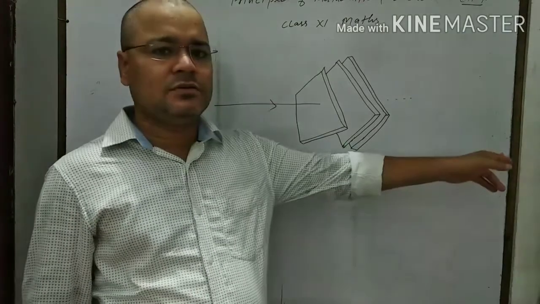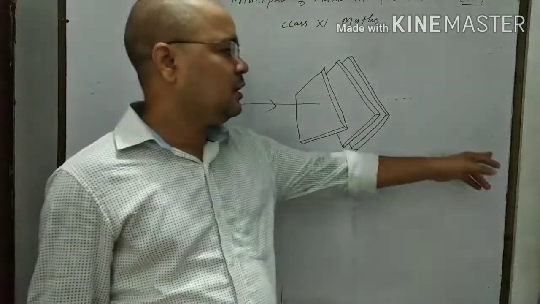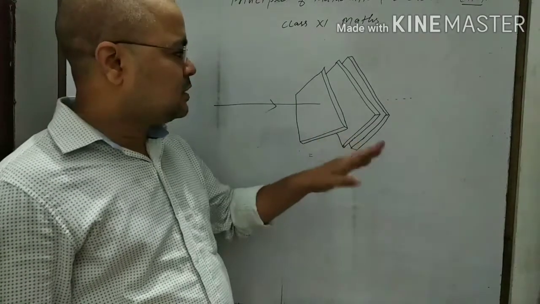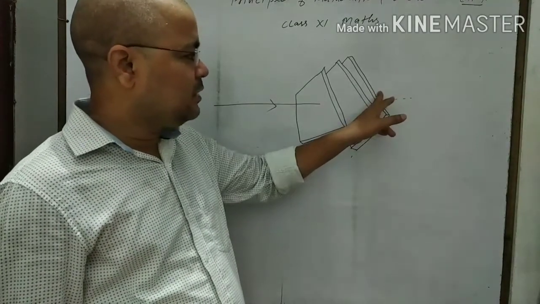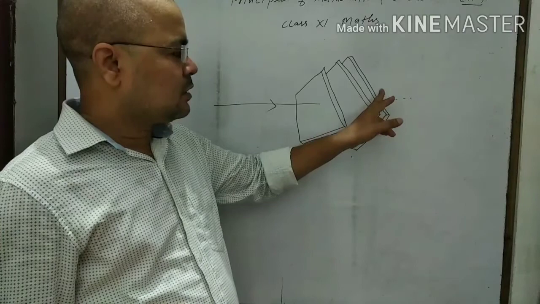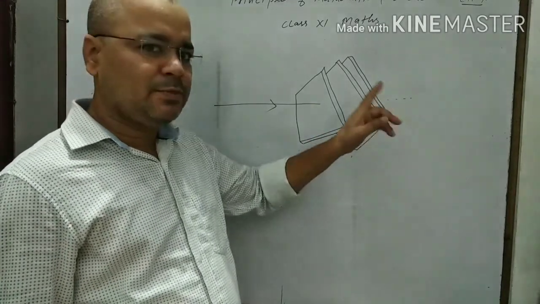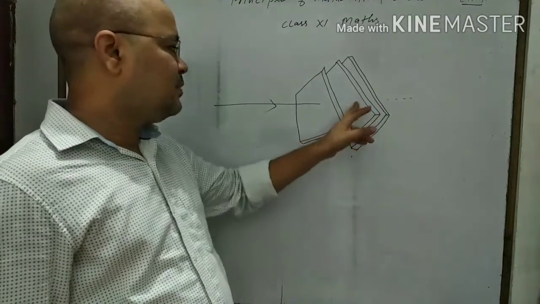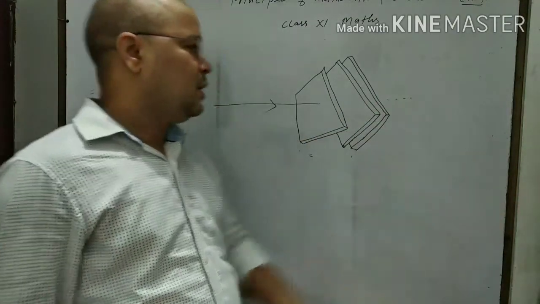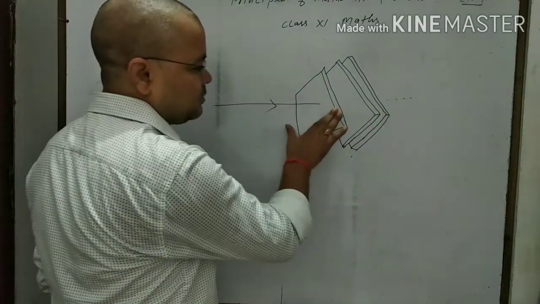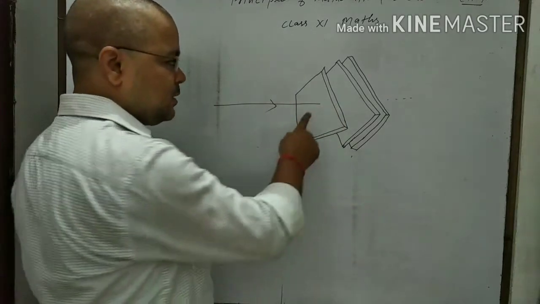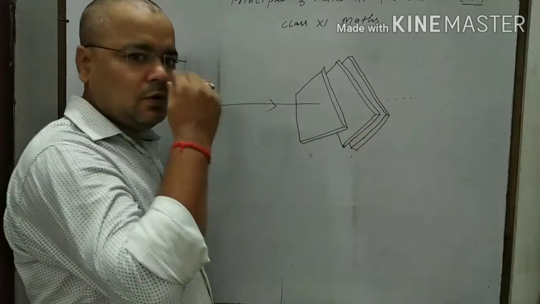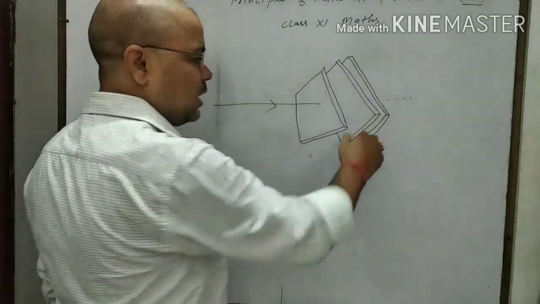The falling of any tile in this sequence is possible only when the previous tile falls. If we push the first tile, it will fall, but it will force the other tile to fall. Similarly, this will also fall.